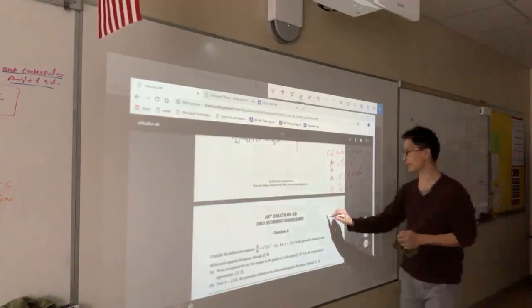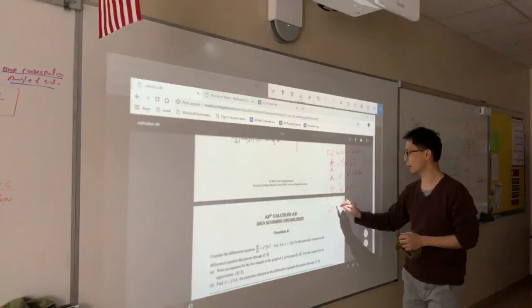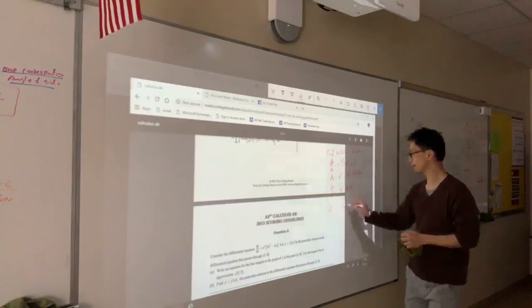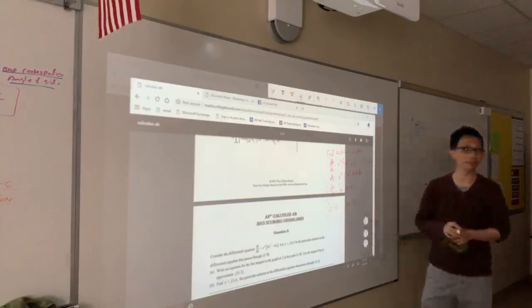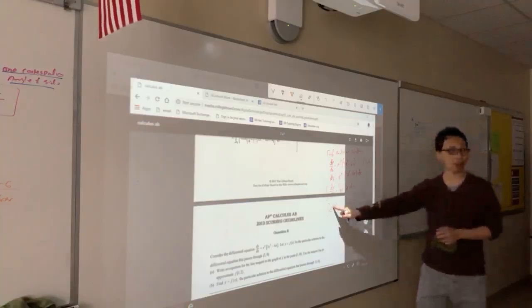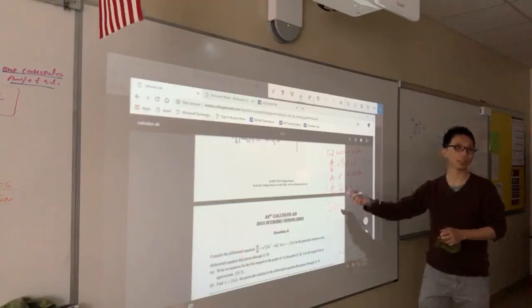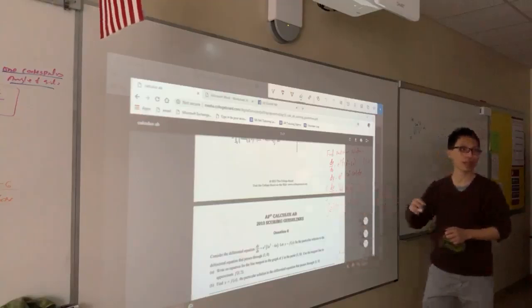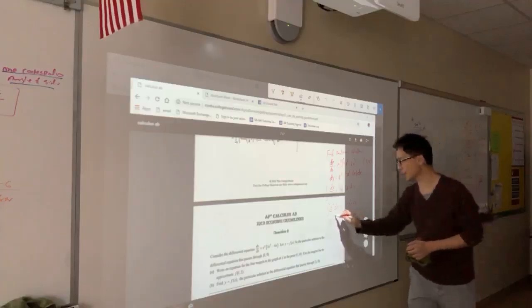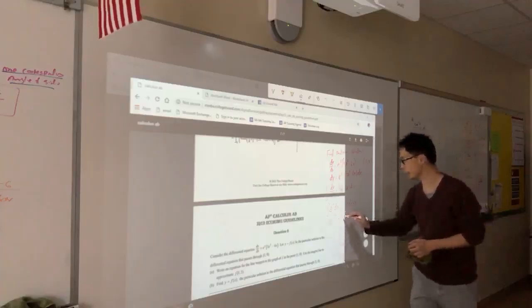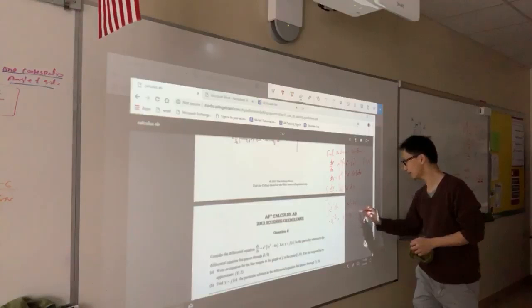I'm going to rewrite this as e to the negative y, dy first. Okay, I'm almost done. I'm going to do u equal to negative y. du is going to be what? Negative 1, right? So it's going to be negative e to the negative y is equal to x to the third minus 3x squared plus c.